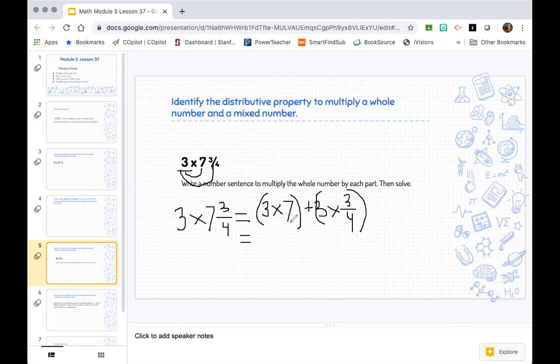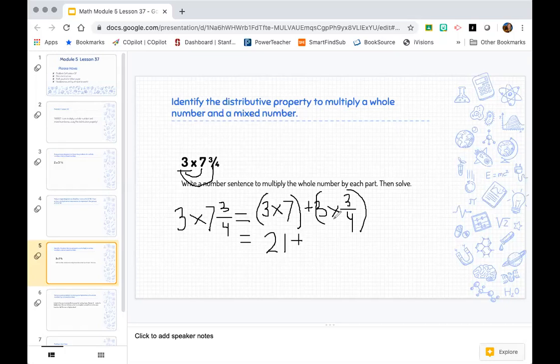And if you don't know it, you can either skip count by 3s 7 times or skip count by 7 3 times. It is 21. Yep, 21. Good job, guys.